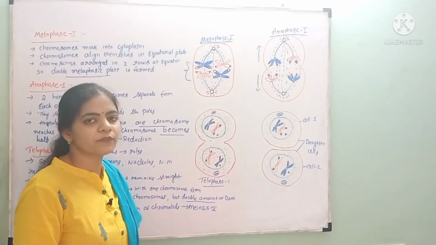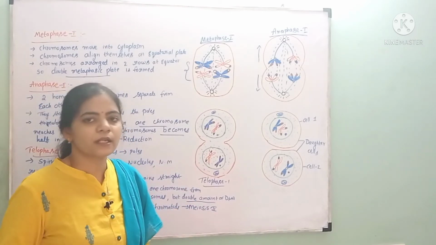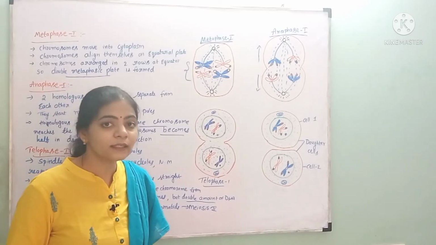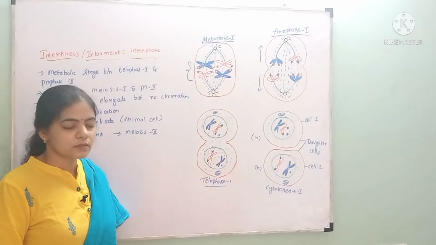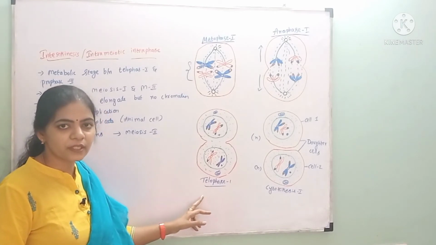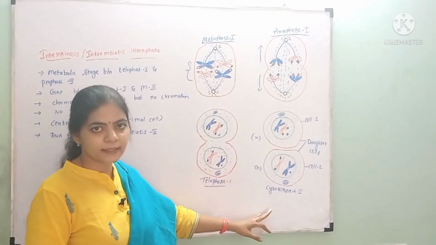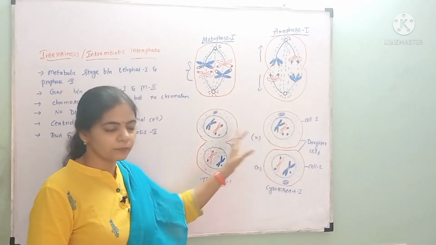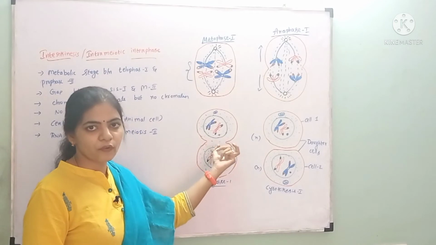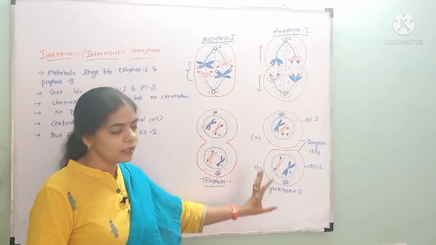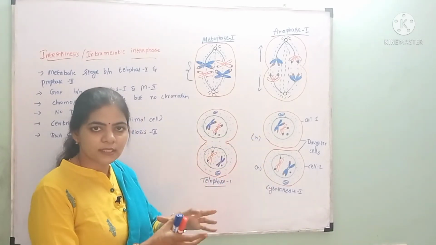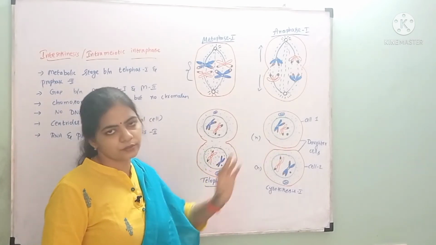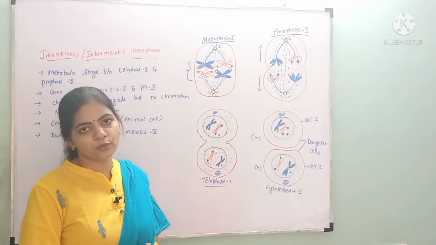After completion of Meiosis-1, when the cell enters into Meiosis-2, there is a gap, which is called interkinesis. After completion of Telophase 1, the cell enters into cytokinesis, where a constriction is formed and the cytoplasm is separated, and then two daughter cells are separated, and each daughter cell has half the number of chromosomes.